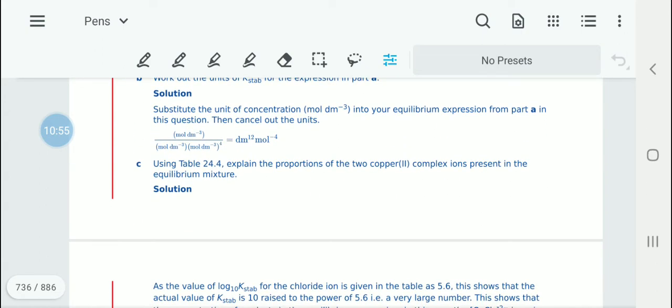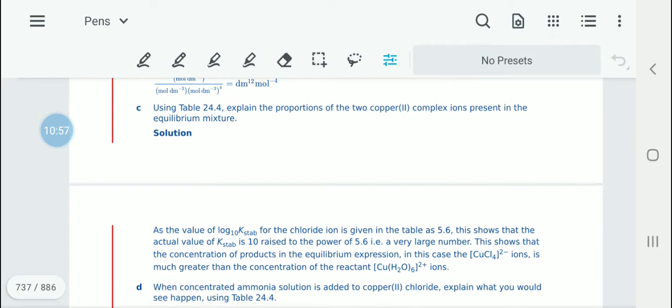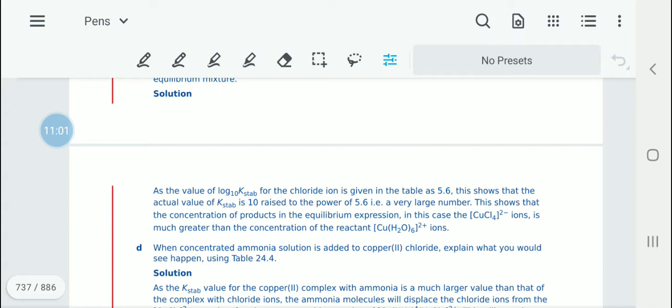Now using table 24.4, explain the proportions of the two copper 2 complex ions present in the equilibrium mixture. In the table, the stability constant for chloride ions, log to the base 10, would be 5.6.